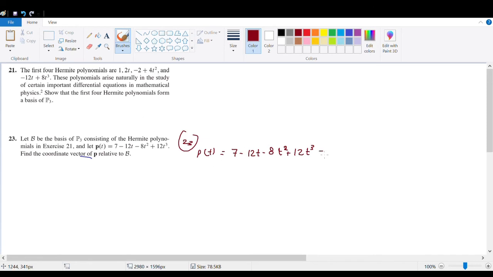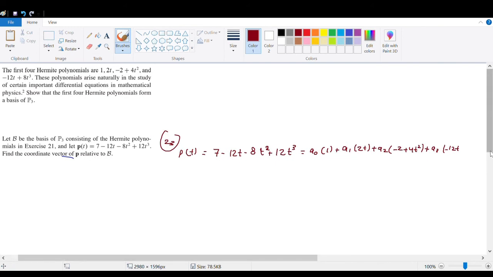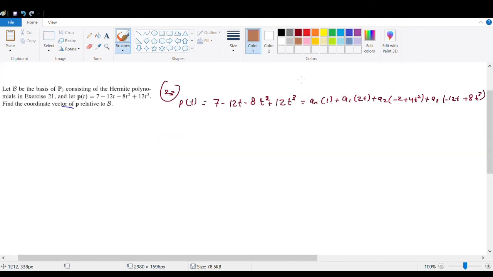So this is equal to a0 multiplied by 1 plus a1 multiplied by 2t plus a2 multiplied by minus 2 plus 4t squared plus a3 multiplied by minus 12t plus 8t cubed.